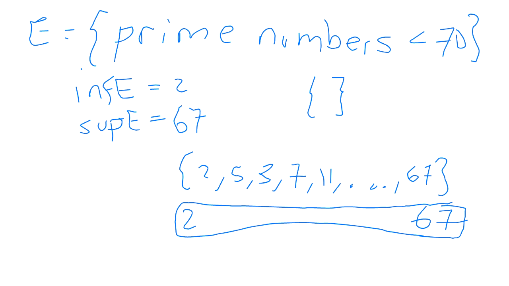An ordered set S has the least upper bound property if every non-empty subset E that is a part of S, that is bounded above, has a least upper bound.